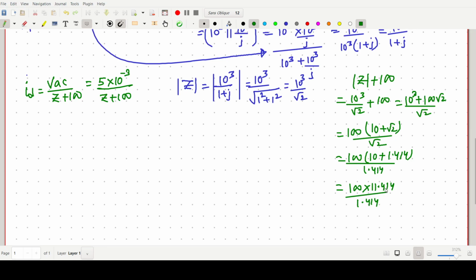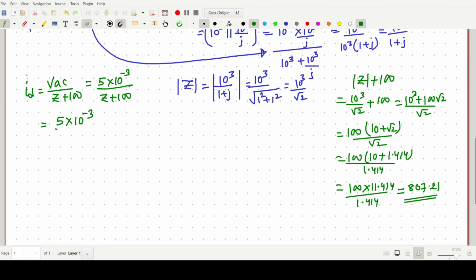So it will be 1141.4 by 1.414. So if we solve this one, it will come nearly 807.21. Use the calculator. So it will come 807.21.